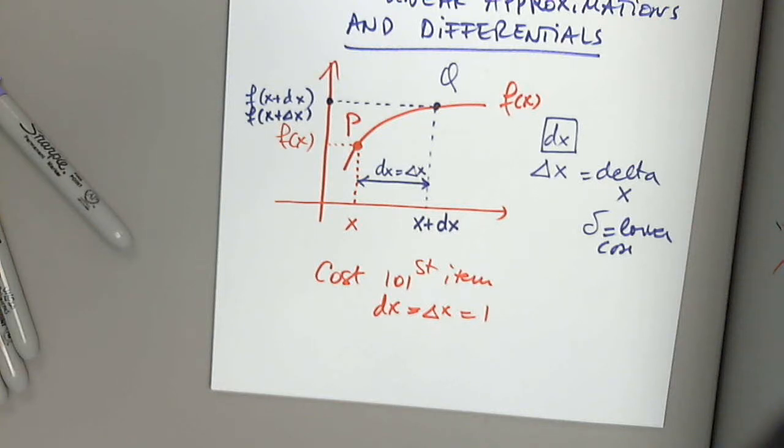So there is a tiny change in x. What I'm trying to explain is it requires a delta x or dx that is tiny. So if I have just a difference of 1, it's okay. I'll explain what we're doing in a minute. So delta x is tiny.